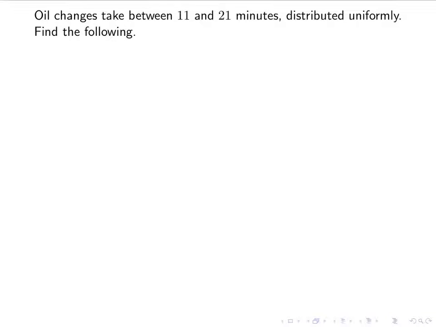Let's try another one. So oil changes take between 11 and 21 minutes distributed uniformly. So first we're going to find f(x), which is 1 over (b minus a), so 1 over (21 minus 11), which is 1 over 10. Next we're going to find mu and sigma.